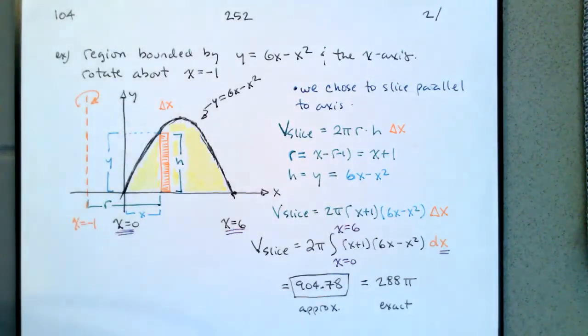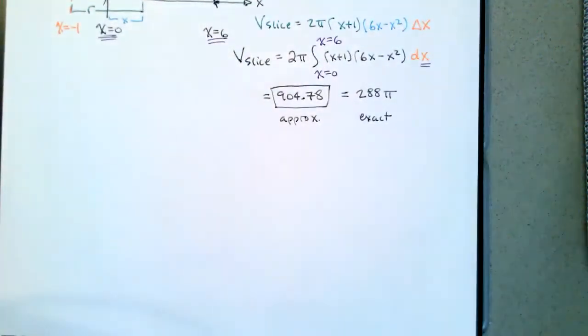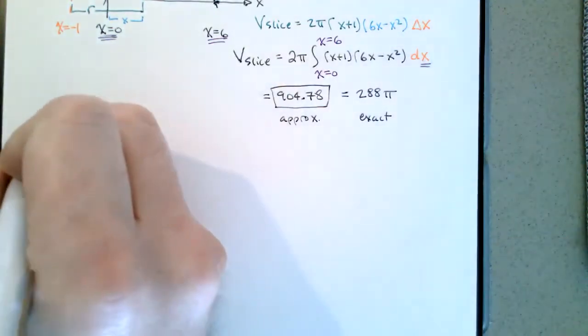So let's see why I like this problem so much that we're going to do it again. We said at the top that you could slice parallel or perpendicular, and that is your choice. But sometimes those choices make things kind of difficult on you. So let's do the same region about the same axis.